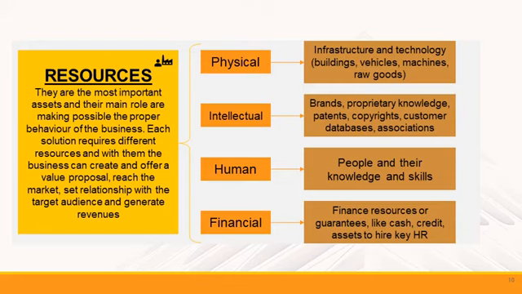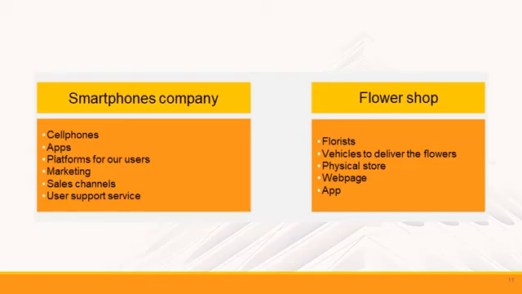The human resources are the people and the knowledge and skills that they have. And the financial resources are, for example, a warranty, if you go to the bank and ask for credit, or if you have cash, and all the assets that you need to hire these human resources in order to develop your daily activities. Here we have 2 examples.